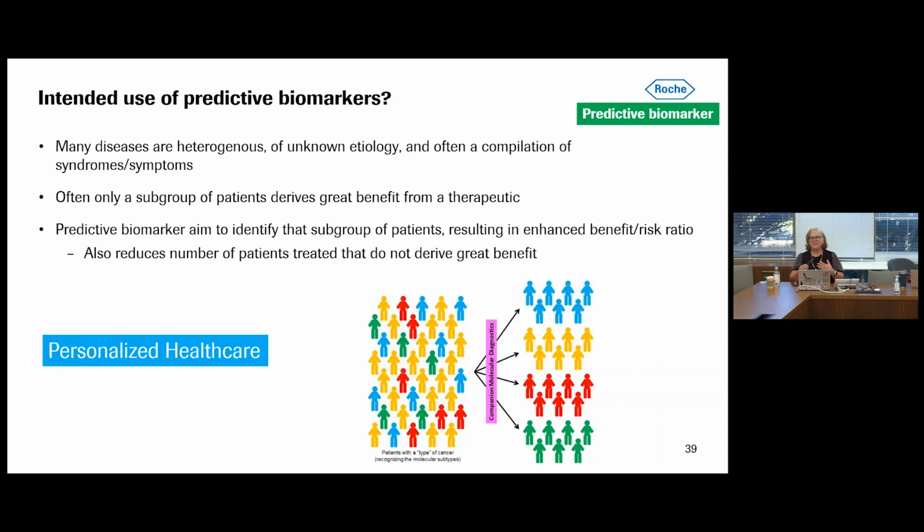So in this case, an intended use of a predictive biomarker, as we've just described, is really in this concept of personalized healthcare, where we're aiming to identify a subgroup of patients that would have an enhanced benefit or perhaps an enhanced risk for taking this drug.